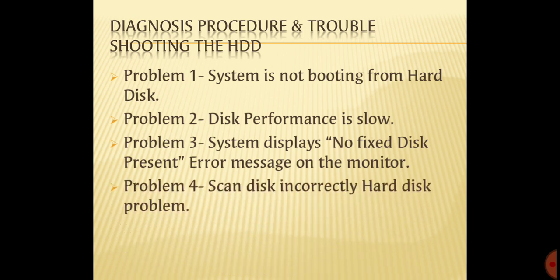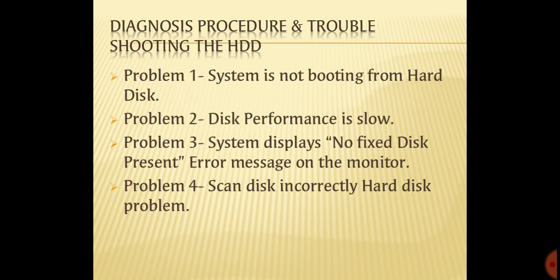The fourth one is ScanDisk incorrectly reports a hard disk problem. This problem occurs when changing over or upgrading from one Windows series or OS to another. To solve this, run the Windows setup and check the parameters.